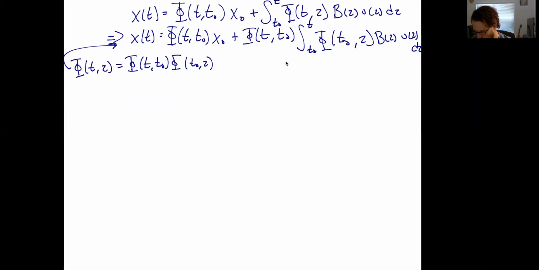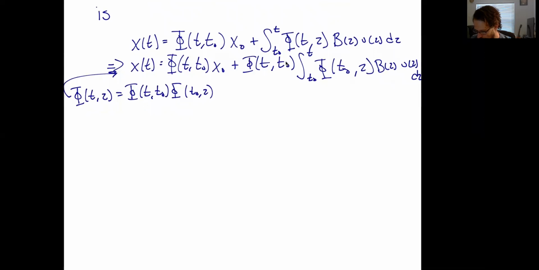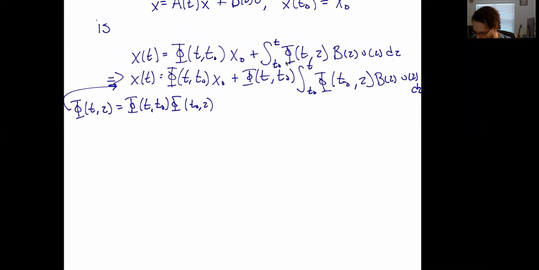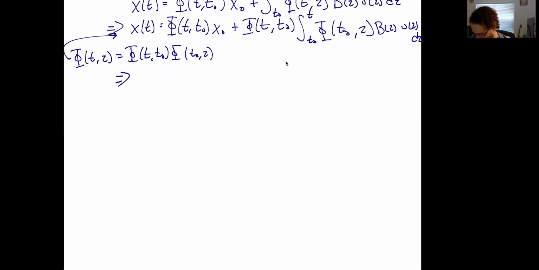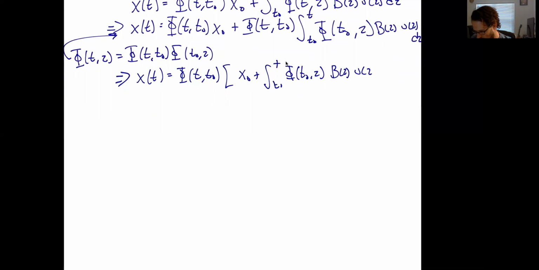Next we note that we have phi of t naught in both terms, so we can go ahead and pull that out. Now we get x of t is equal to phi of t, t naught times the quantity x naught plus the integral from t naught to t of phi of t naught, tau b of tau u of tau d tau.